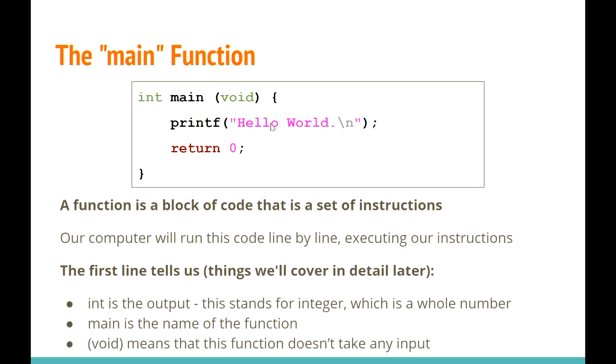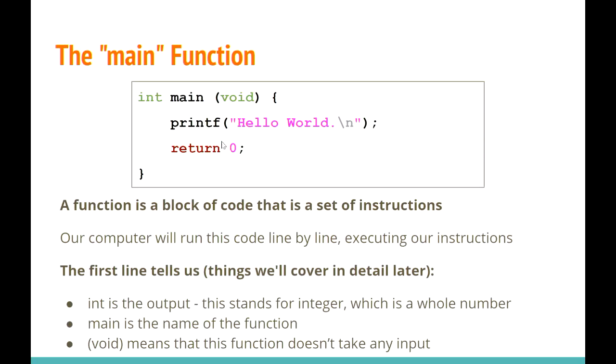But what this thing will do is it will do this thing called printf. And printf is something we actually got from the standard input-output library that will send some information to the screen for the user to see it. And then return 0 is the thing that says this program will finish now.